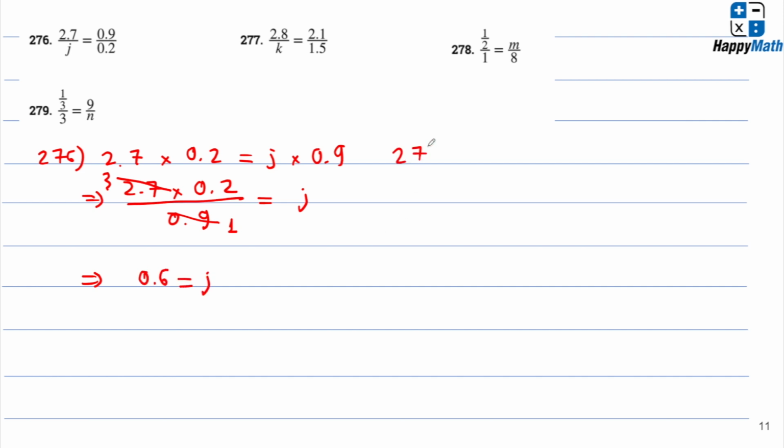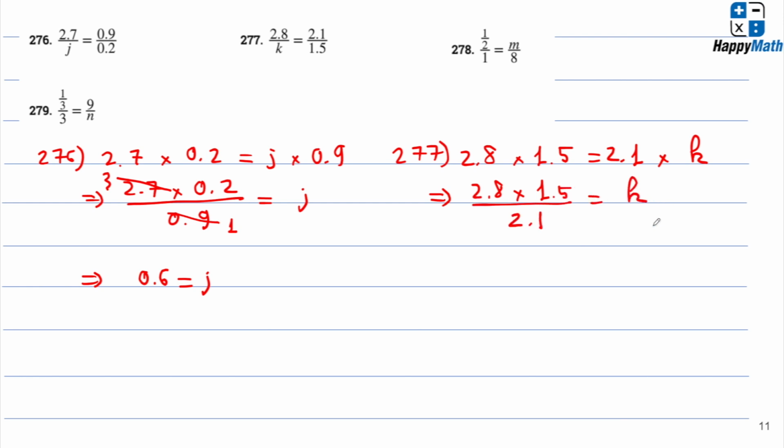And about the next one, 2.8 times 1.5, 2.1 times k. 2.8 times 1.5 over 2.1 equal to k.